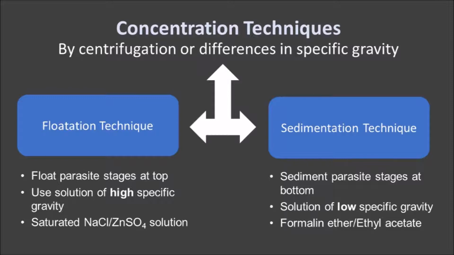The second concentration technique is called a sedimentation technique. In the sedimentation procedure, we separate cysts and eggs from the bulk of the fecal matter by sedimenting parasite stages at the bottom using centrifugation or a solution of low specific gravity.